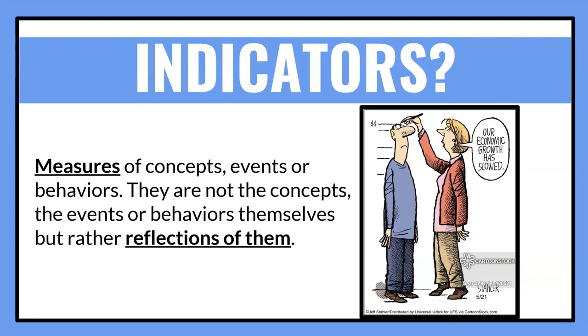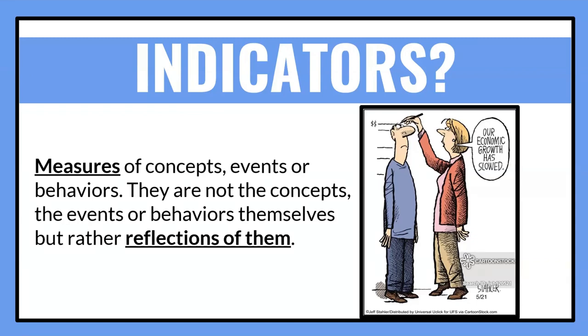So you want to think about how you measure that reporting, maybe you've created a platform. Those are behaviors, because maybe they don't report it, but now your program wants to make them report. So we say it's a measure of those concepts, those events, those behaviors, those things that happen within the scope of your program or your project. So those are what indicators are.